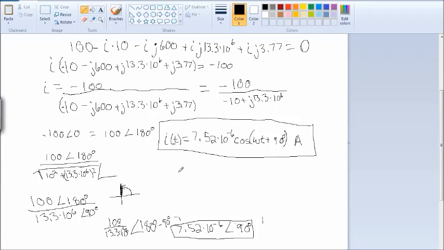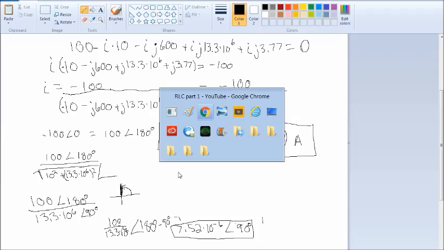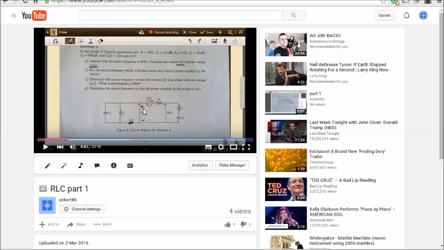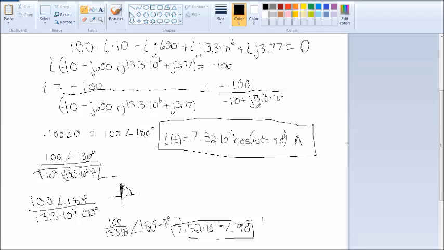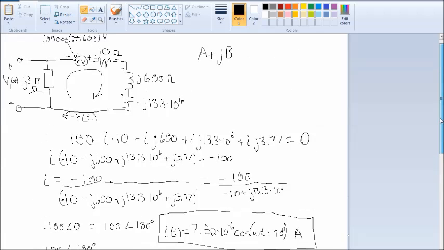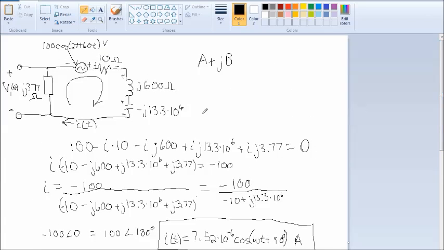So let's think about that for a second. Looking at our circuit here, let's look at a better one. Looking at our circuit here, look at all these values. We have something to the first order of magnitude, 3 point something. We have 10, we have 600, and then we have to the 6th power.